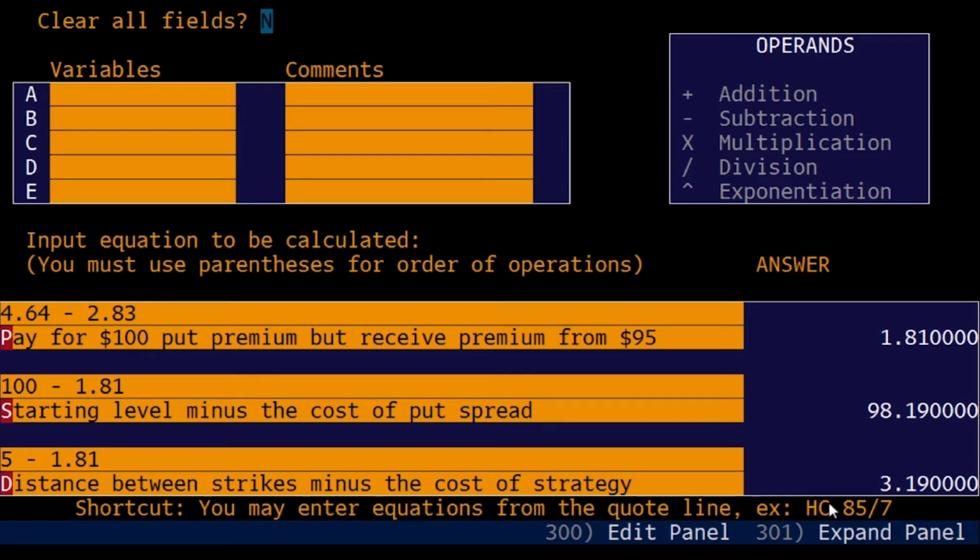So the maximum profit is 3.19. And at what underlying price does the maximum profit occur? Well, it occurs at the level of $95, where the 100 put has done all it can before the 95 short put kicks in. So the answer to E is $95.